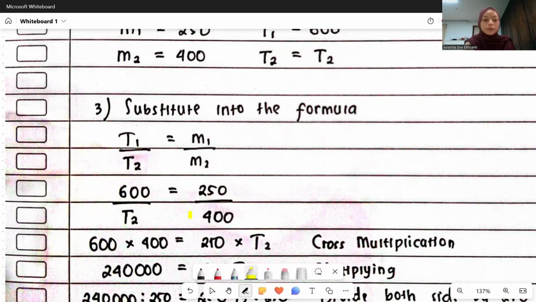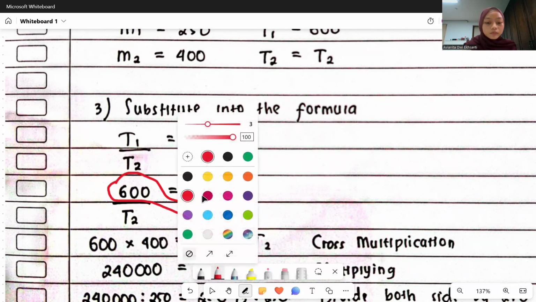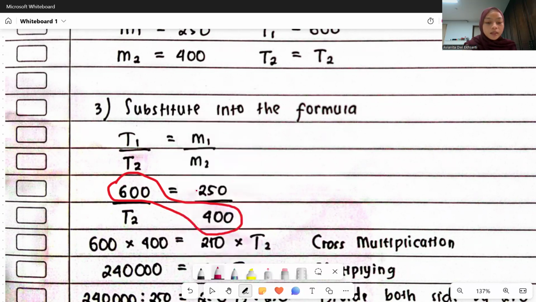So we use cross multiplication to remove the fraction. That is 600 multiplied by 400 equals 250 times T2.